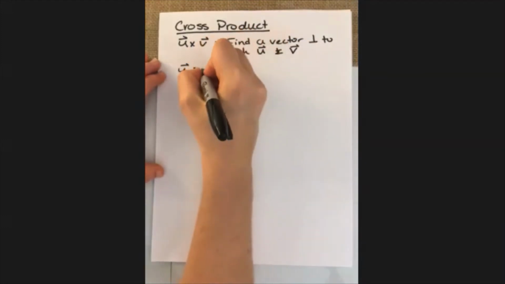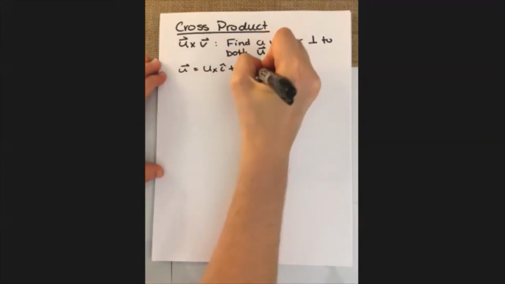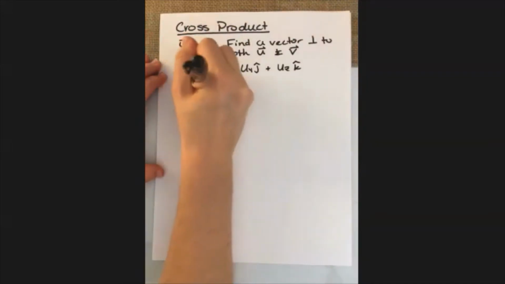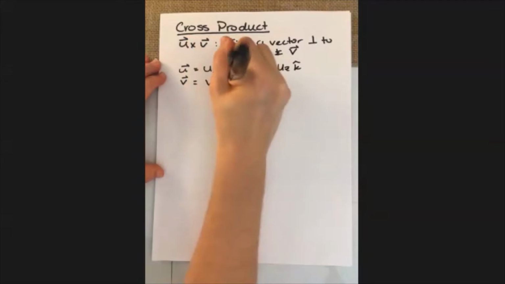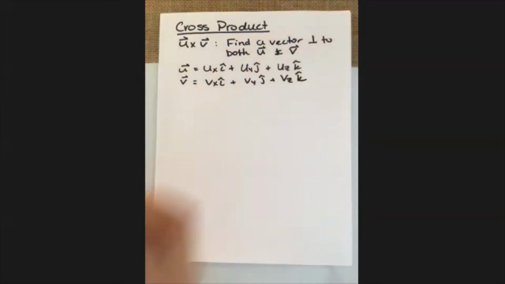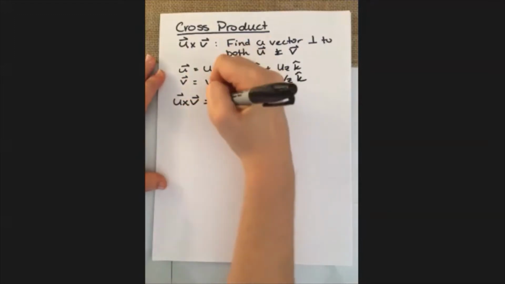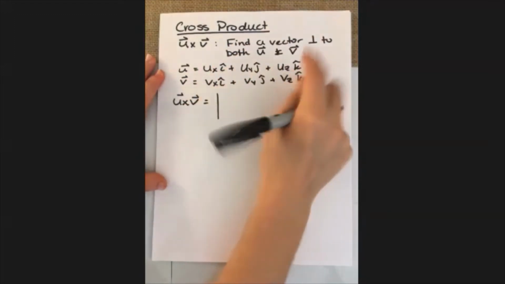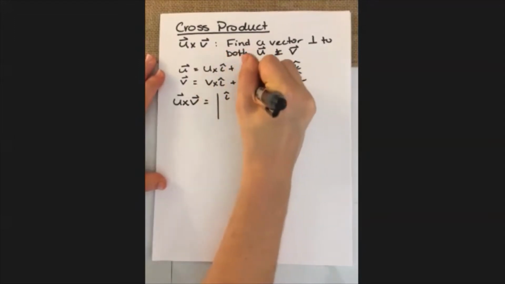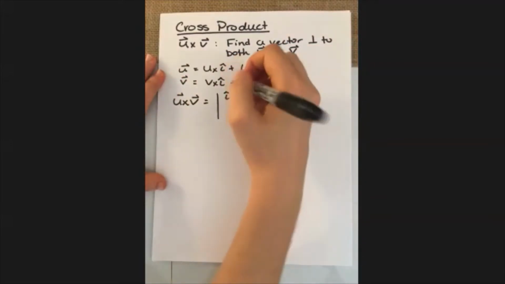So if I wanted to write u, u equals ux i hat plus uy j hat plus uz k hat, and then similarly for our second vector v, we can compute our cross product using the determinant when we take the i hat, j hat, and k hat and stack that into our first row. And then our next two rows are actually just going to be the entries out of u and v.